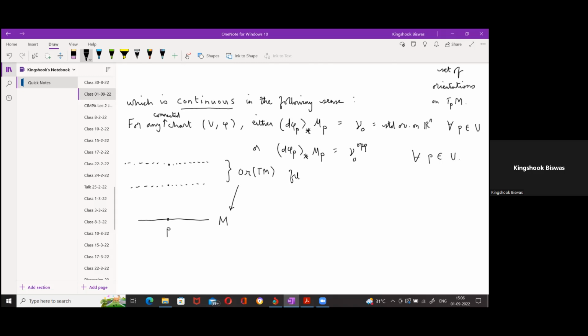So if this projection is pi, in this case the cardinality of pi inverse of P is 2 for all P. And an orientation on M, what is this in the language of bundles?